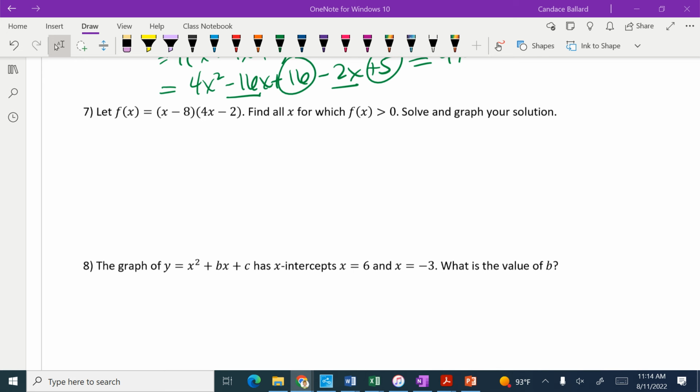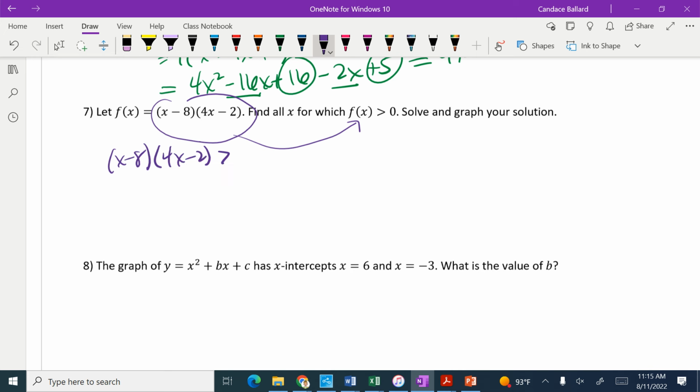So they give us what f of x is, and then they say, hey, we want f of x to be greater than 0. And then we're supposed to solve and graph our solution. So couldn't I just take this, since this is f of x, and substitute it in there for f of x? That's what I would have done reading it. So that's what I'm going to do. x minus 8 times 4x minus 2 is greater than 0.